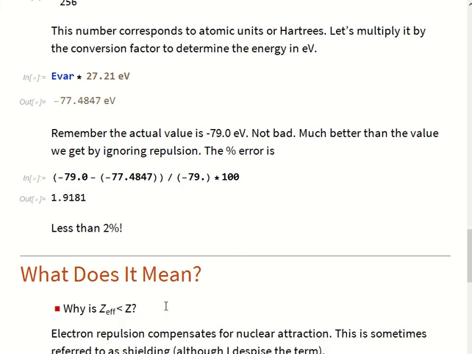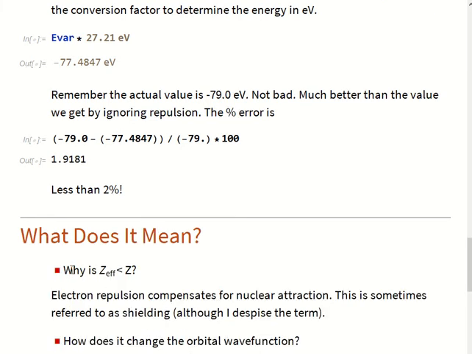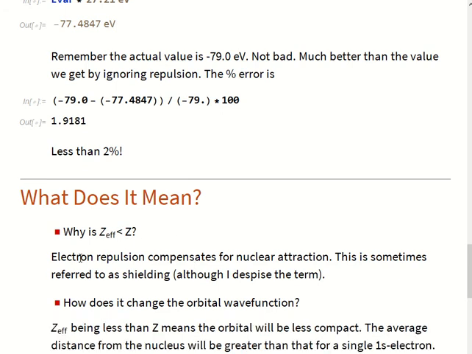The one question we might ask is why is this Z effective that we're using here less than Z? Remember, the whole problem with finding an exact solution to the equation was electron repulsion. So what we're doing here is replacing Z in our wave function with the Z effective.